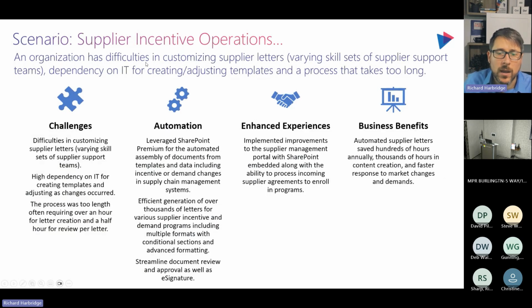Same thing if you have an external communication. You're communicating to suppliers. How do we do that today? Oh, we do all these different steps in the process. What if we could automate elements of that process? So when you make a change to a funding program, all of the partners who qualify for that funding program automatically get an email that looks like X or Y. If a funding bucket has dried up and there's no more funding, it can automate an email to those different parties saying that this has changed.